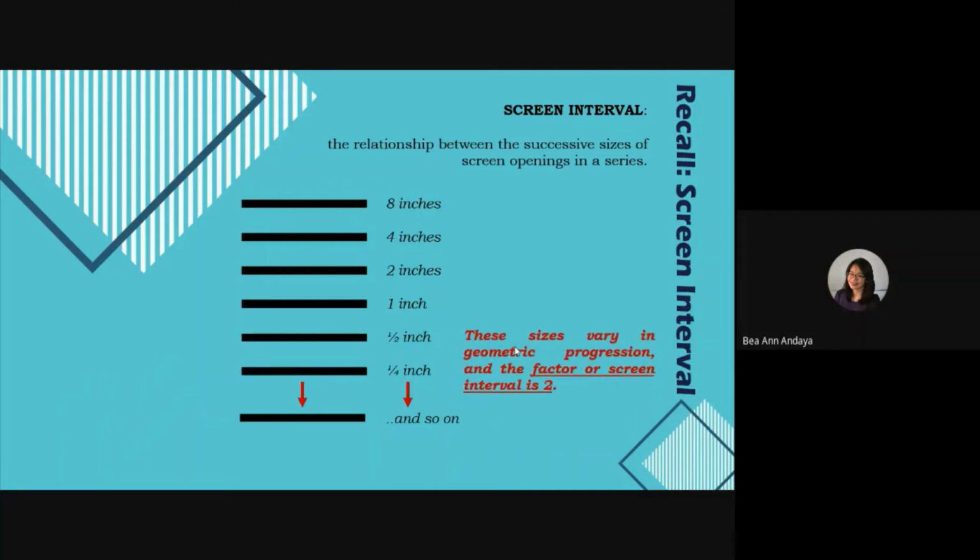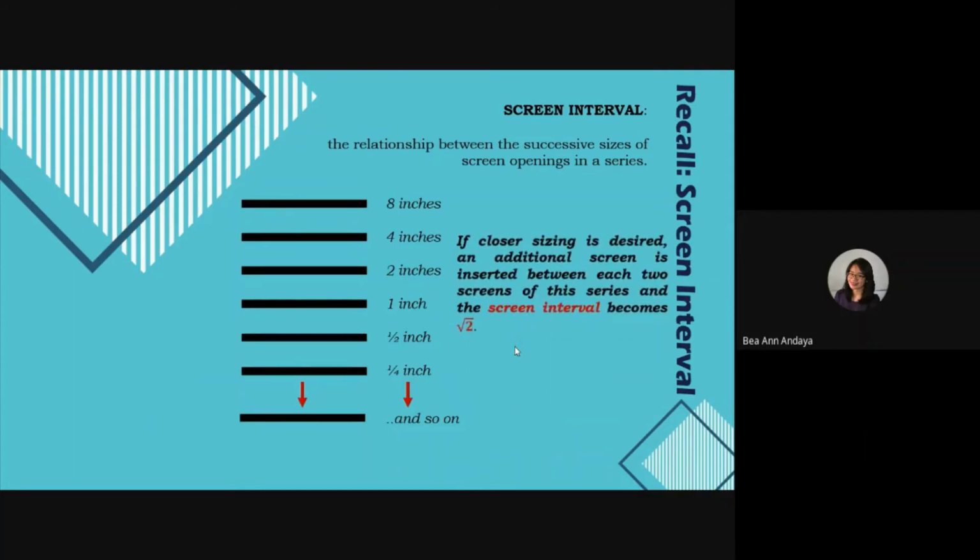And as you can see, these sizes vary in geometric progression, and sabi nga natin kanina, ang factor or ang screen interval ay 2. But if they still want a closer sizing, they just have to insert an additional screen between the original screens. Kumbaga dito, sa portion na to, maglalagay lang sila ng isa pang screens dyan.